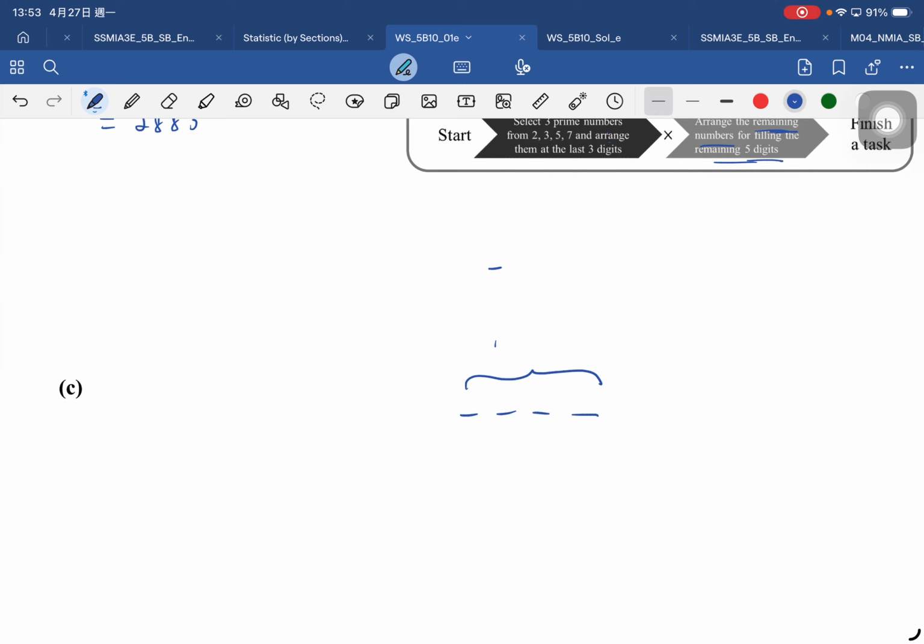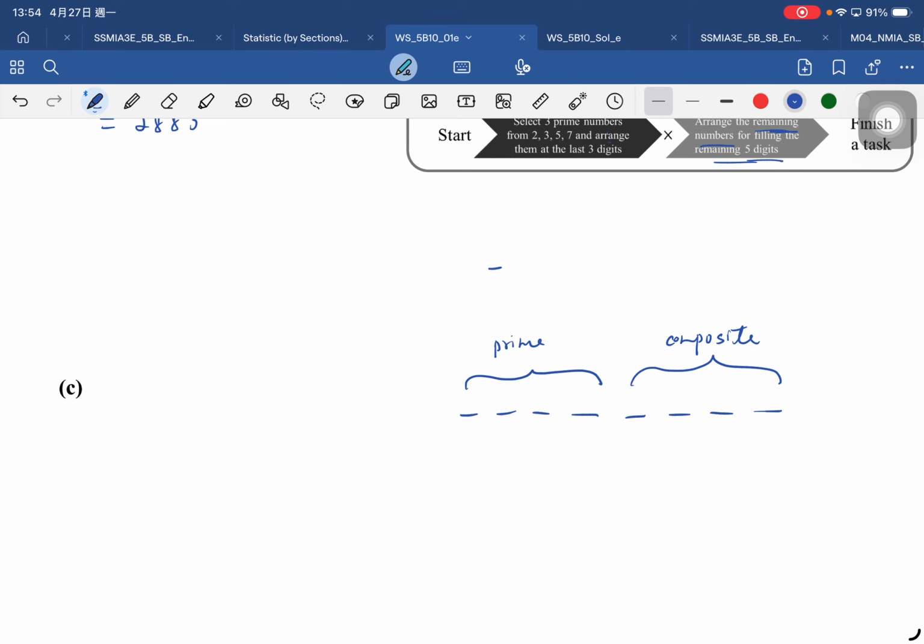You can find out these are the prime numbers. And how about the other 4? These are the composite numbers. Composite numbers are the non-prime numbers. So now you should show me like this. The first 4 should be prime numbers. The last 4 must be the composite numbers.